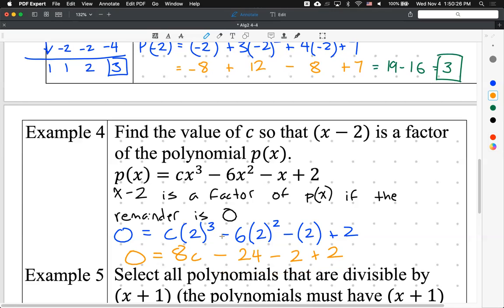Well, think about it this way, Josie. -2 and +2 adds up to, what's 2 minus 2? 0, which means this -2 and +2 cancel each other out. You're just left with that -24. Thank you. So I ran out of room. I'm going to come back up here. I have 0 is equal to 8c minus 24.